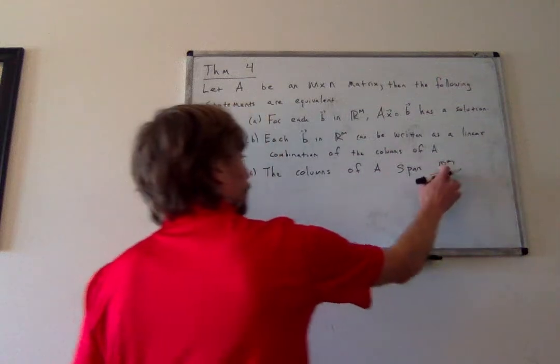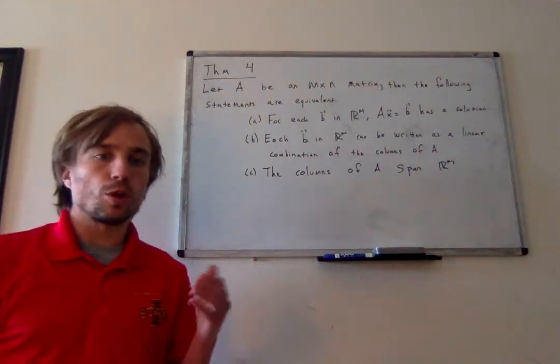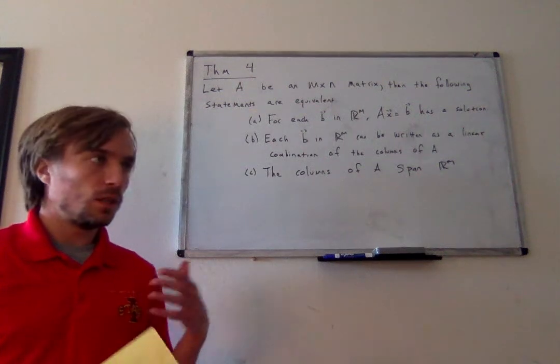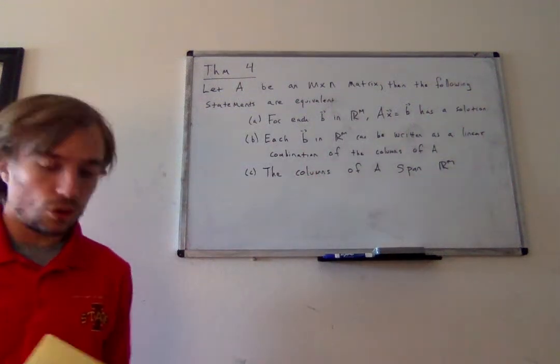That is, you give me any vector of length m, I can find appropriate weights so that I can combine the columns of A under the given weights to give me the vector you chose in Rm.